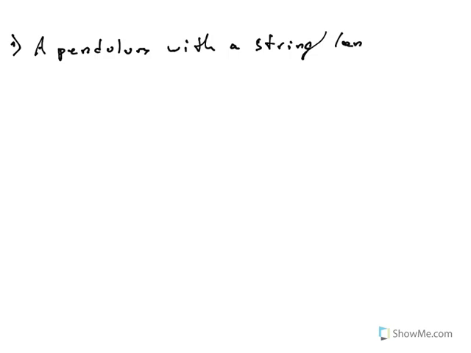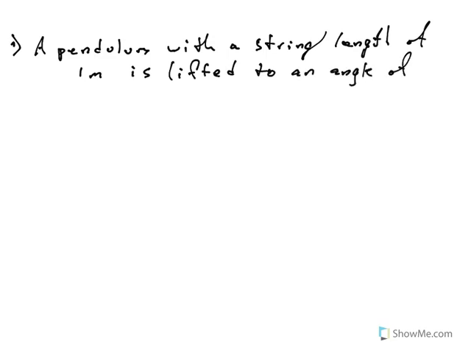So, let's look at a few examples of what we did last time. And we'll start with an example about a pendulum. So, from the sample questions I had posted on Canvas, we have a pendulum with a string length of 1 meter that is lifted to an angle of 30 degrees.